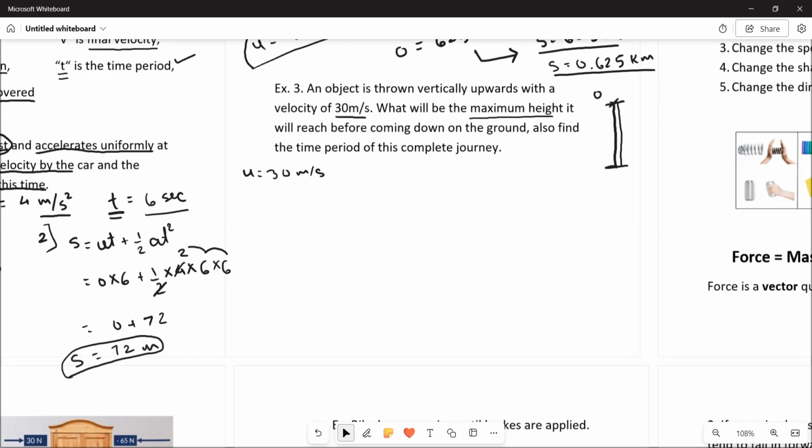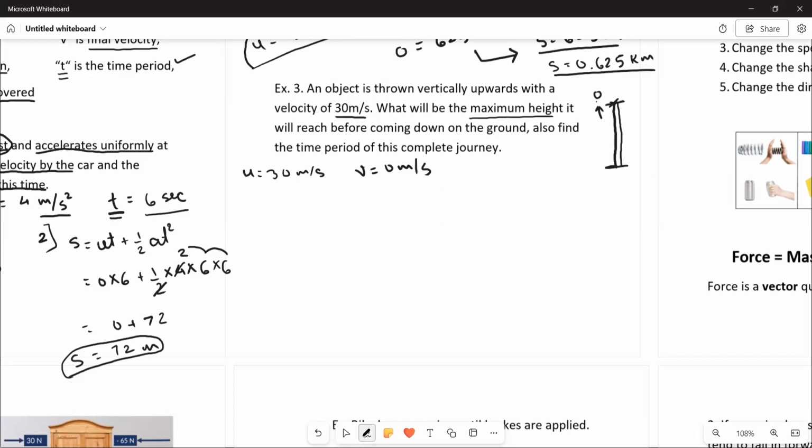If it was having some or the other velocity, it will continue its motion upwards, and as it stops at this maximum height, it means that its final velocity is equals to 0. So from this observation, we write our final velocity v as equals to 0 meters per second.